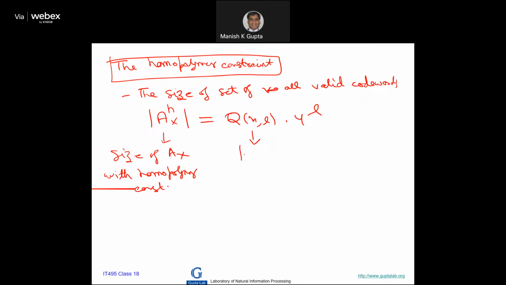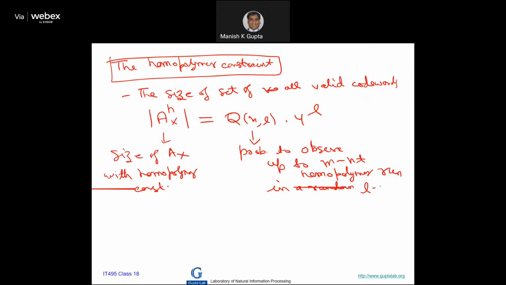And Q_ML is the probability to observe up to M nucleotide homopolymer run in a random L nucleotide sequence.